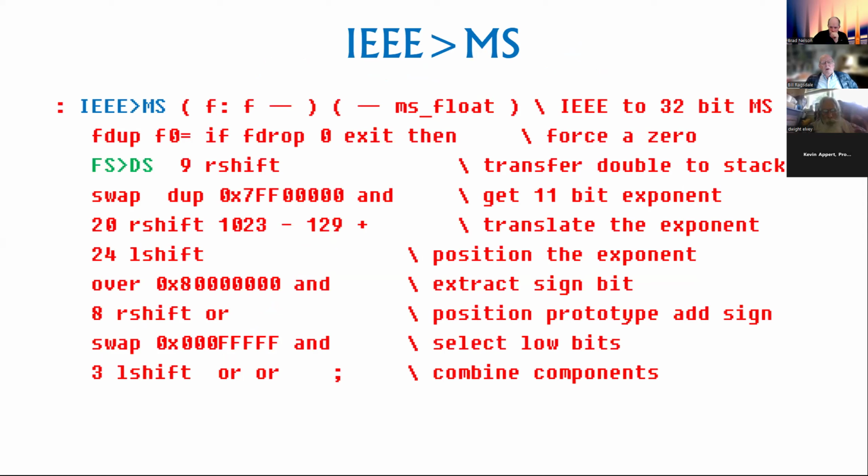So that converts a stack number. We can key in an integer and convert it into this particular format. It's still on the data stack. Now, this is a conversion going the other way.